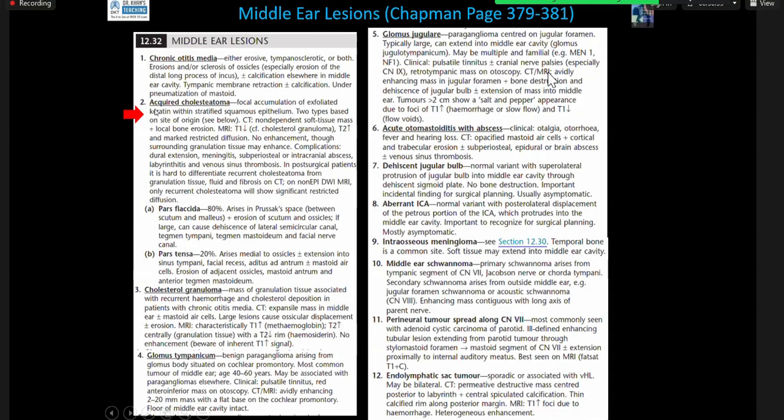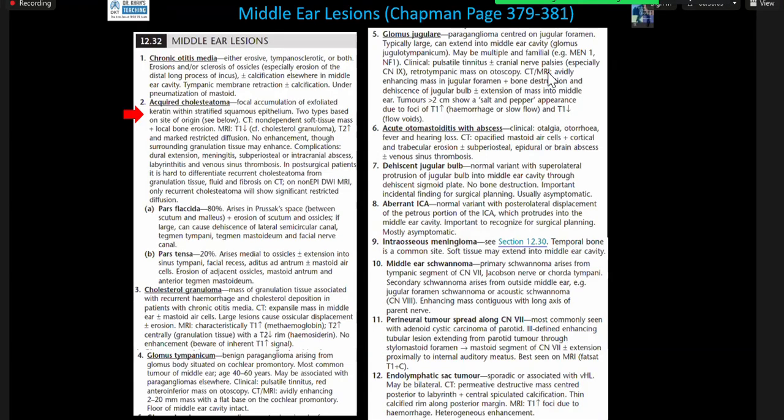Now, if you see here, acquired cholesteatoma. Basically, cholesteatomas can be acquired, and they can be congenital. The basic issue is that there is stratified squamous epithelium, which, because of perforation of the tympanic membrane, retracts inside the middle ear cavity.